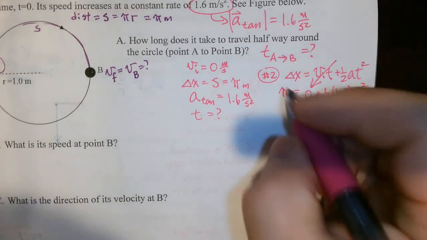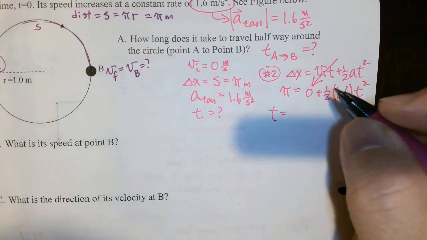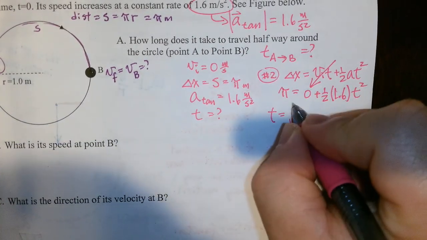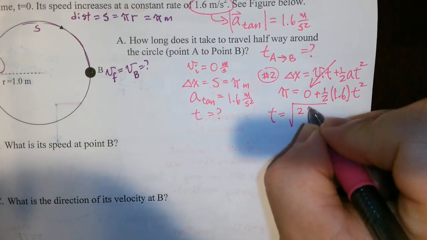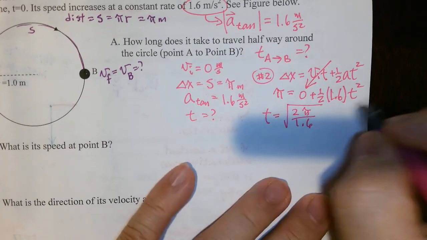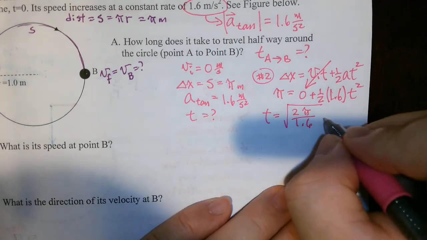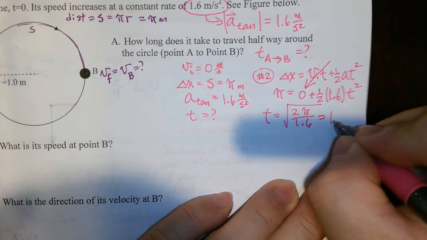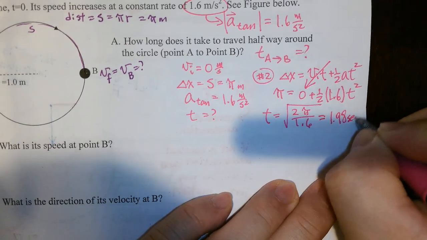So if I solve for T, T is equal to square root of 2 pi over 1.6, and that comes out to 1.98 seconds.